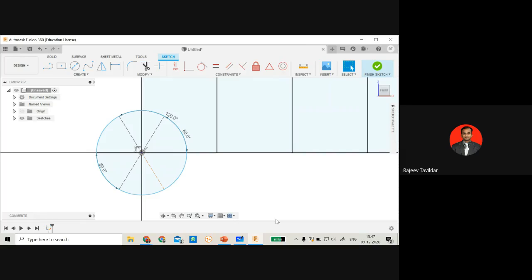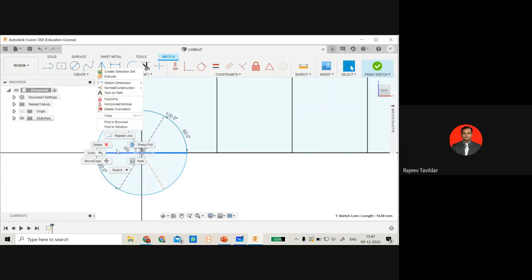So the first step, what I'm going to do is draw one horizontal line here in the circle. So this is the first horizontal line that I'm drawing here. I'll change the color of this.